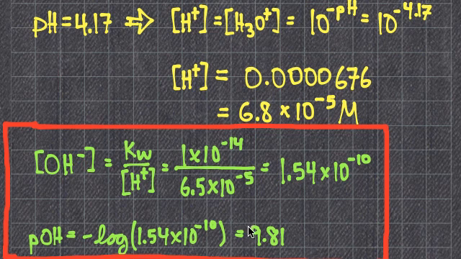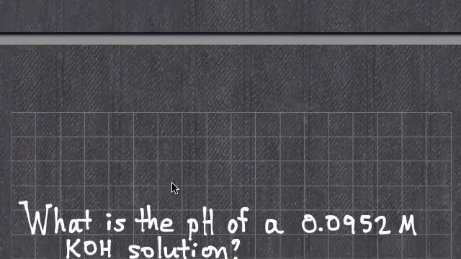I could find the pOH as well, 9.81, the negative log of that term. And the 9.81 plus the 4.17 should give you something very close to 14. It almost looks like a little rounding error here somewhere. I must have rounded this number off in my calculator. I could have kept it and gotten a more precise answer than 9.81. Anyways, this is the real deal up here. That's kind of a side note, but good to know.